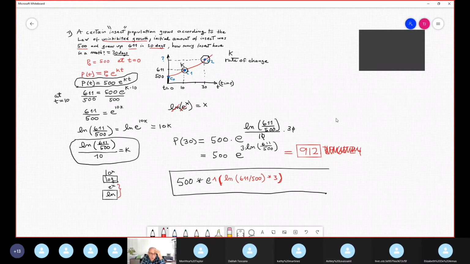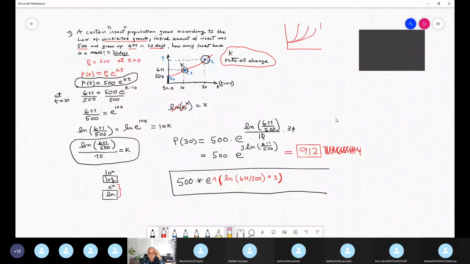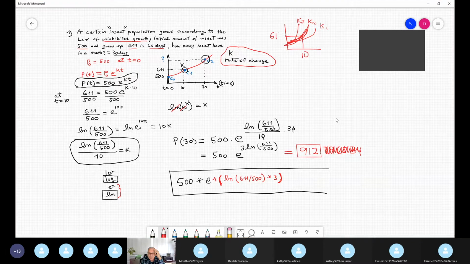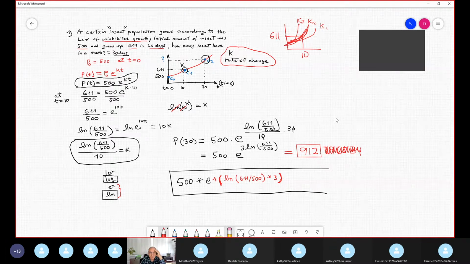The first time, in condition 1, you find the K. Remember, K is a parameter that gives me the control for how fast the exponential changes, because we have a family of exponentials, like that, or like that, or like that, depending on the K value. K1, K2, K3, but in this case we have only one K, the K specific for our problem. We have 611 insects.